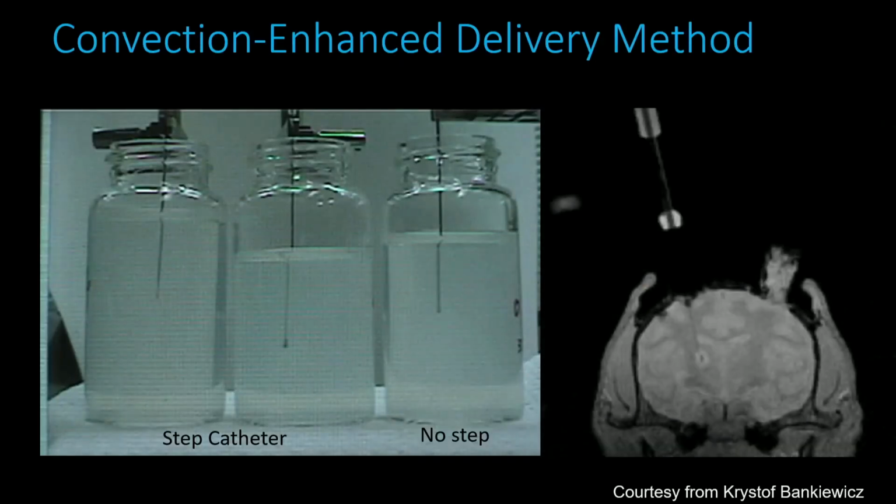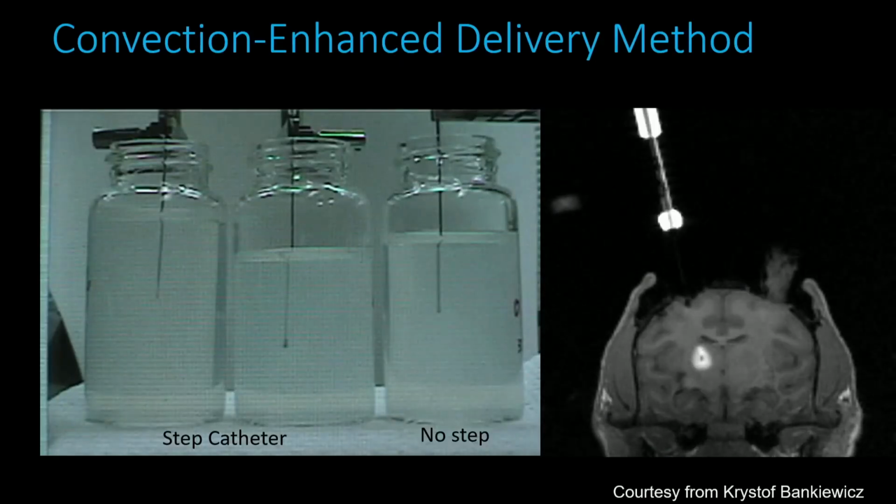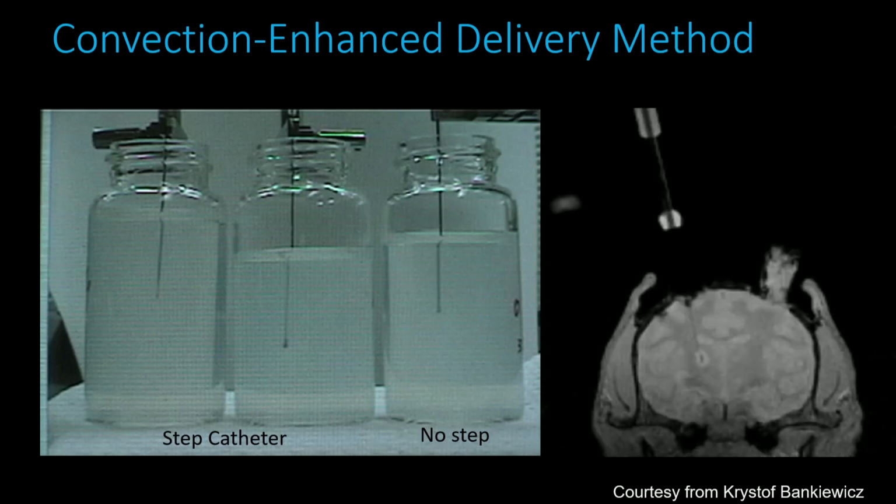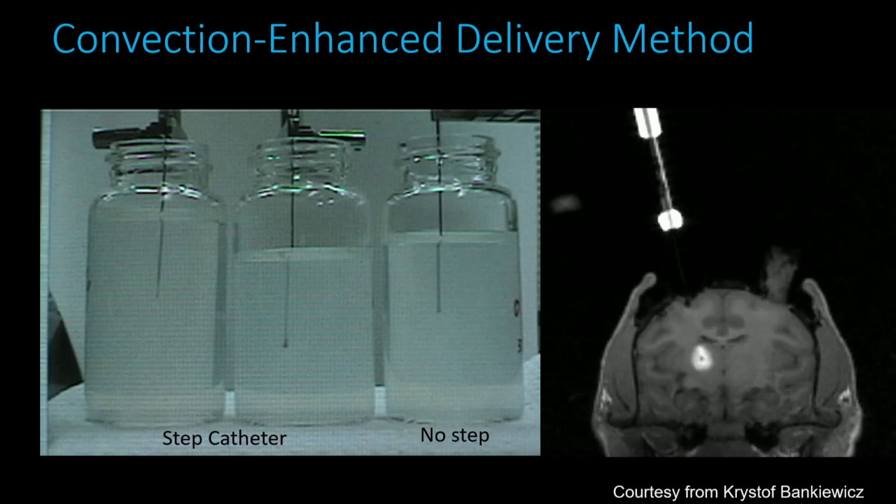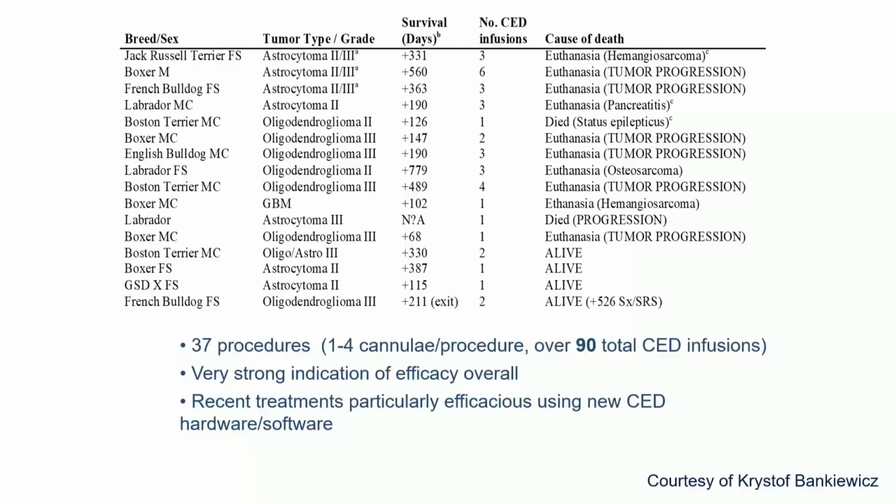On the right-hand side, I don't know if you can see, there is an increasing white area along the track, and this is co-infusion of a chemotherapy agent with gadolinium, so that we can directly track the infusate after convection-enhanced delivery. When we tested this initially in dogs, many of them, but few of them, were able to survive and really responded well to this treatment.